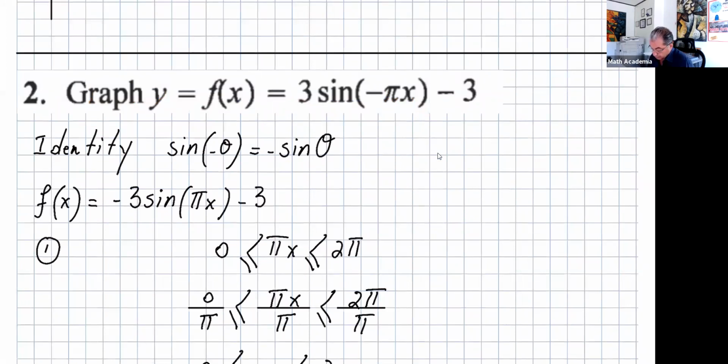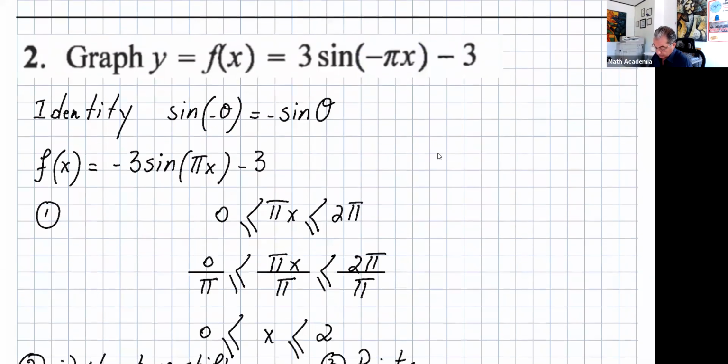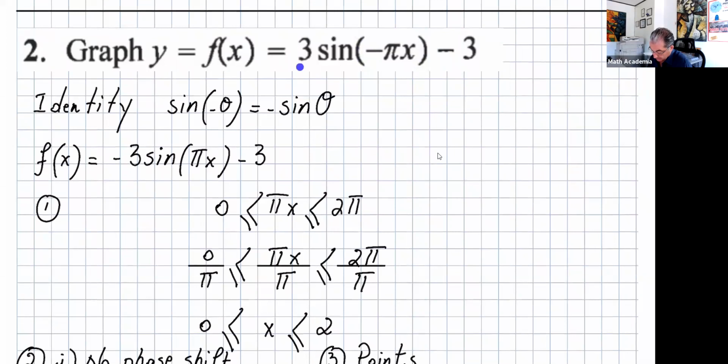Let's do number 2. Number 2 is negative sine of negative pi x minus 3. When you have a negative sign next to x, it's much easier to use this identity. We know that sine of negative theta is negative sine theta. So write this as negative 3 sine pi x, because it's much easier to deal with that.